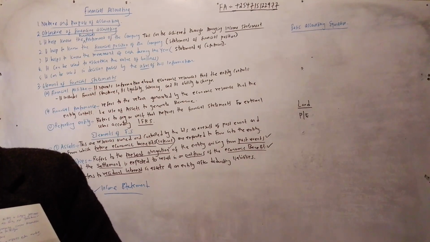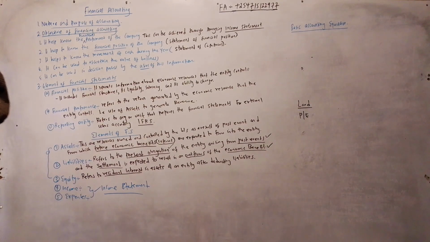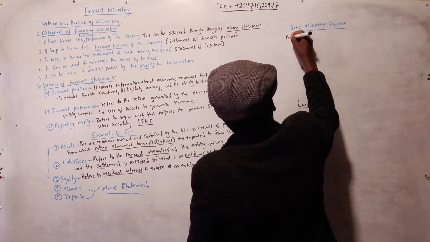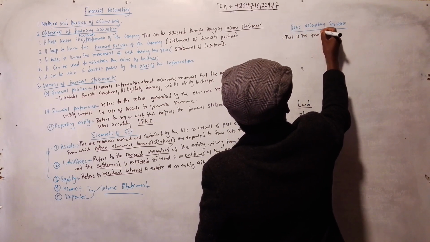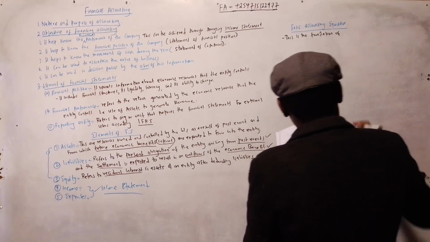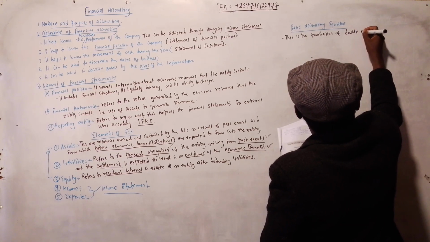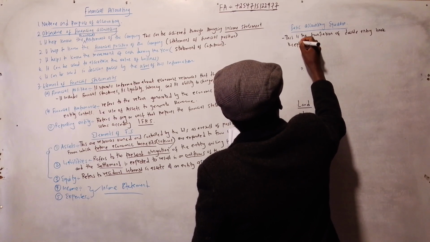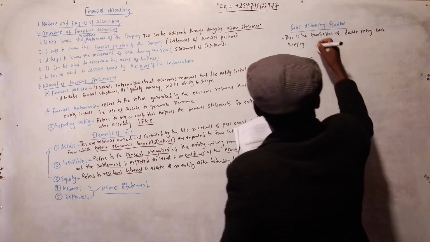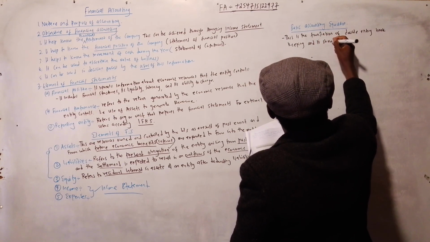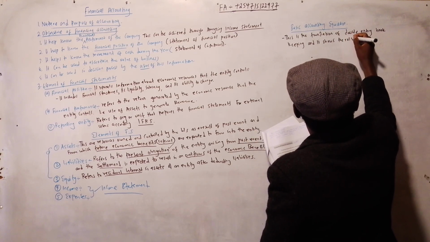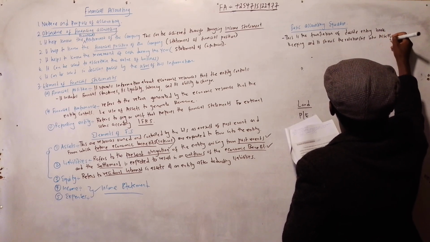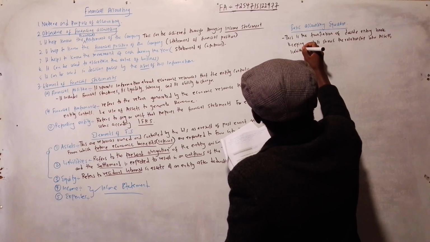You can say that this is the foundation of double entry bookkeeping, and it shows the relationship between assets, liabilities, and equity.